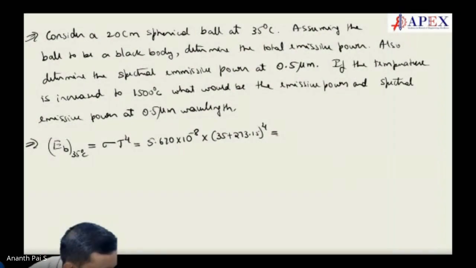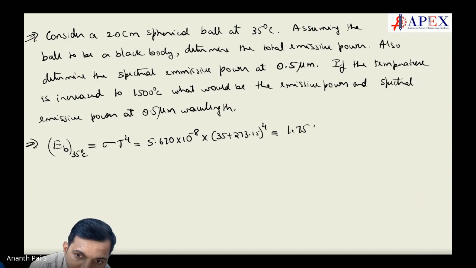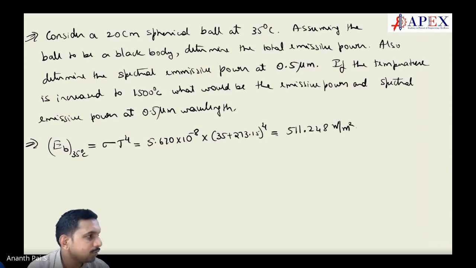What's the answer? 1.75 into 10 raised to minus 5? No, no, no. Come on. 511.24 what? Unit. Watt per meter square. So your body area is more than 1 meter square, right?